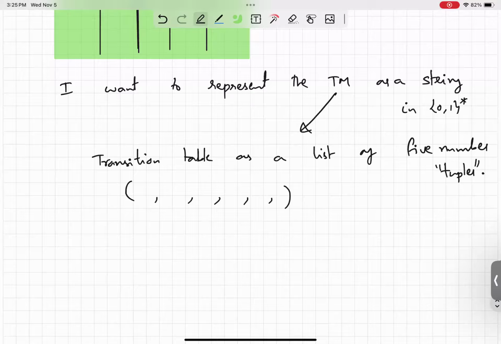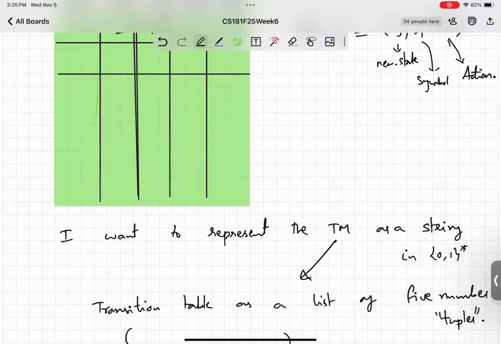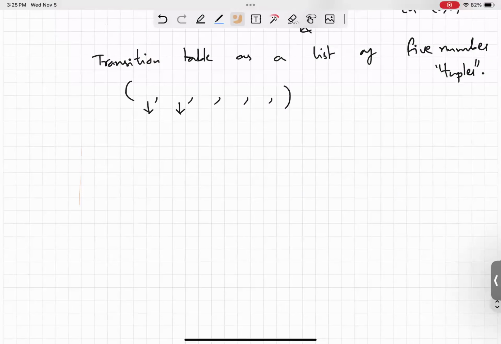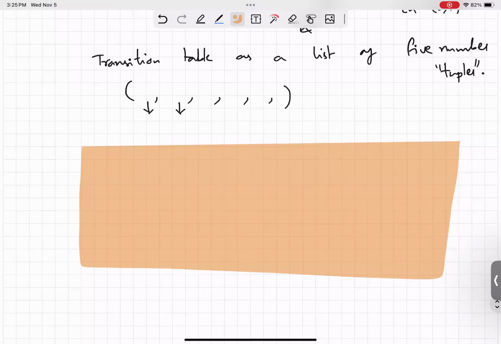Okay, so basically, the state will have a number, the symbol will have a number. So let's say sigma is again 0, 1 through L minus 1. As I said, this is kind of almost by convention. And for the actions, also let me introduce some code so that everything is a number.